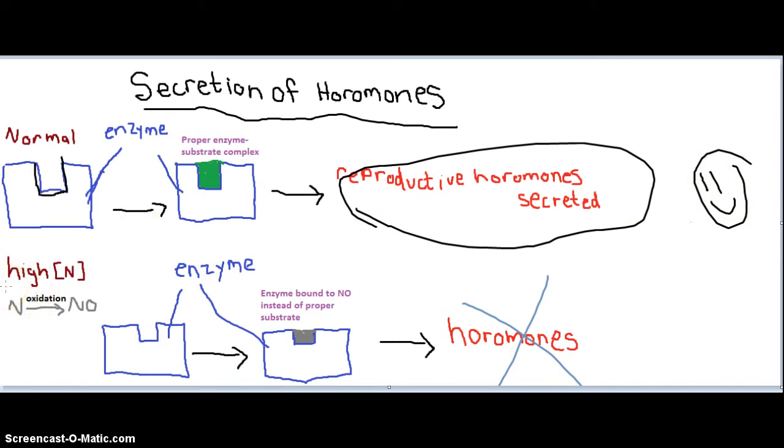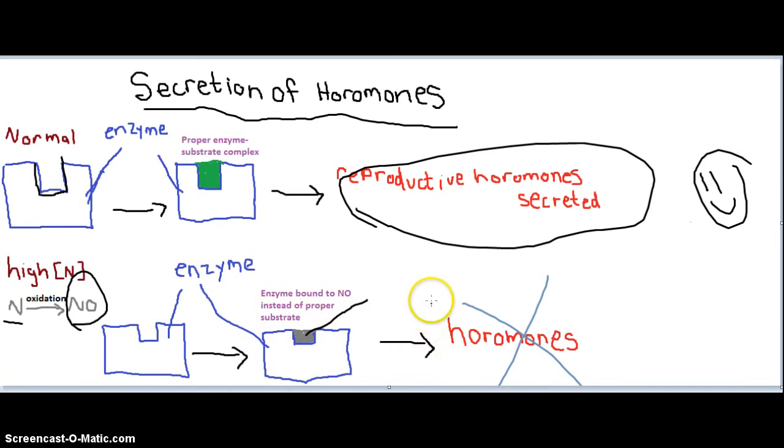But in high nitrogen concentration, we see that inside the arthropods, this N is going to be oxidized into nitric oxide. So here we have this normal enzyme again, but this time we have NO being bound to this enzyme, creating an improper enzyme-substrate complex.